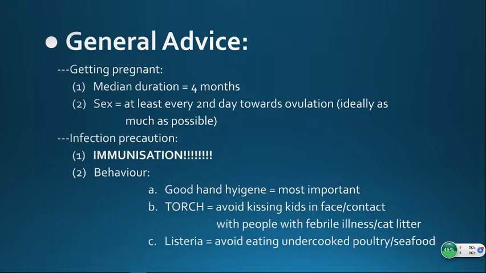So some general advice before getting pregnant. The time to pregnancy: median duration is 4 months, so half of the population gets pregnant within 4 months. And sexual activity, you will at least need to have sex every second day towards ovulation, and ideally, of course, as much as possible.